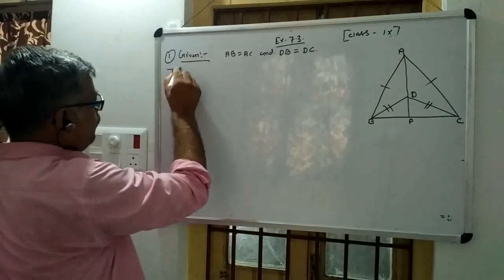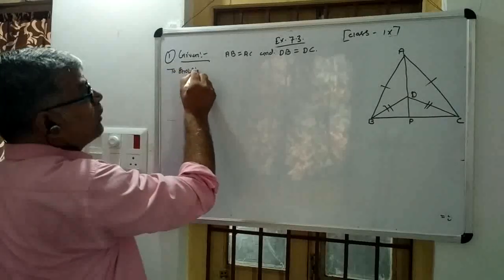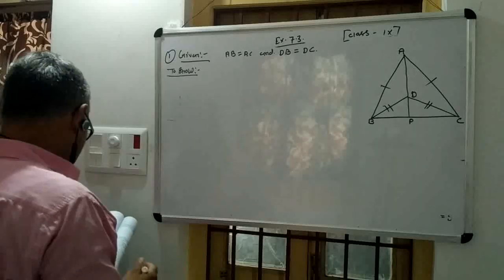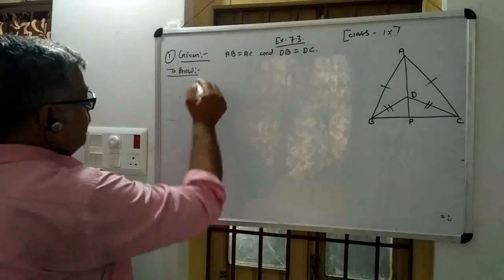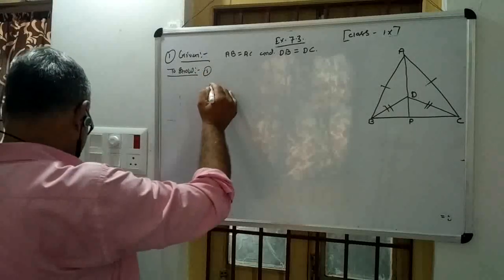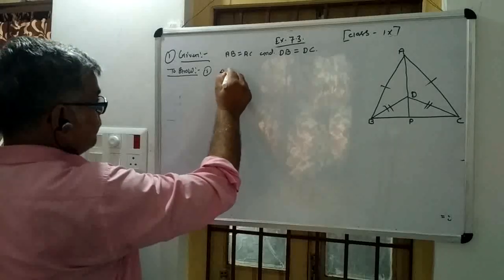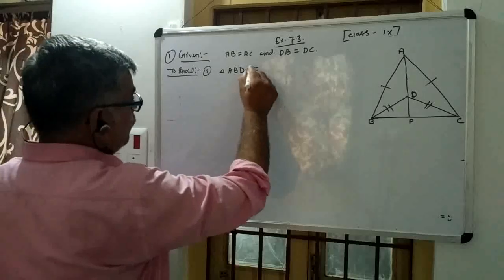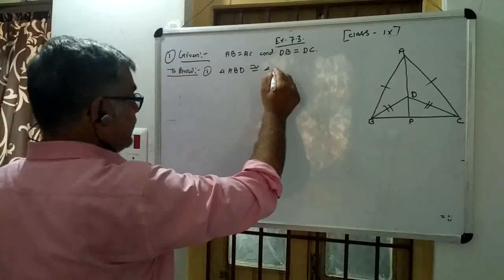Now what is to show? In 'to show' you write: part 1 is to show triangle ABD is congruent to triangle ACD.